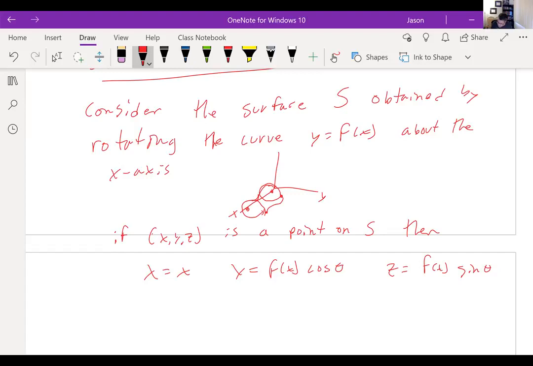So x is x. That's right. So where we are on this surface, let me highlight the surface.